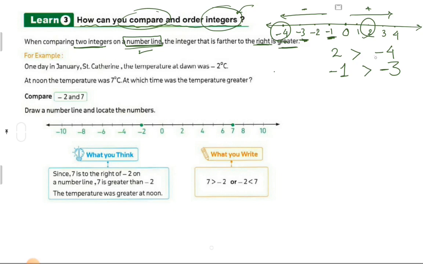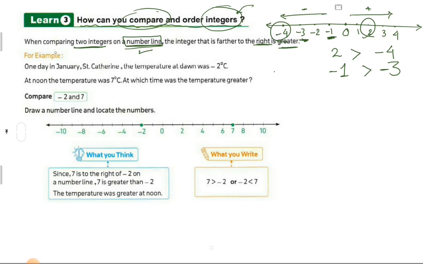If both are positive integers like 2 and 4, of course 4 is greater than 2, but 2 is greater than negative 2, negative 4. 1 is less than 3, but negative 1 is greater than negative 3 according to the number line.